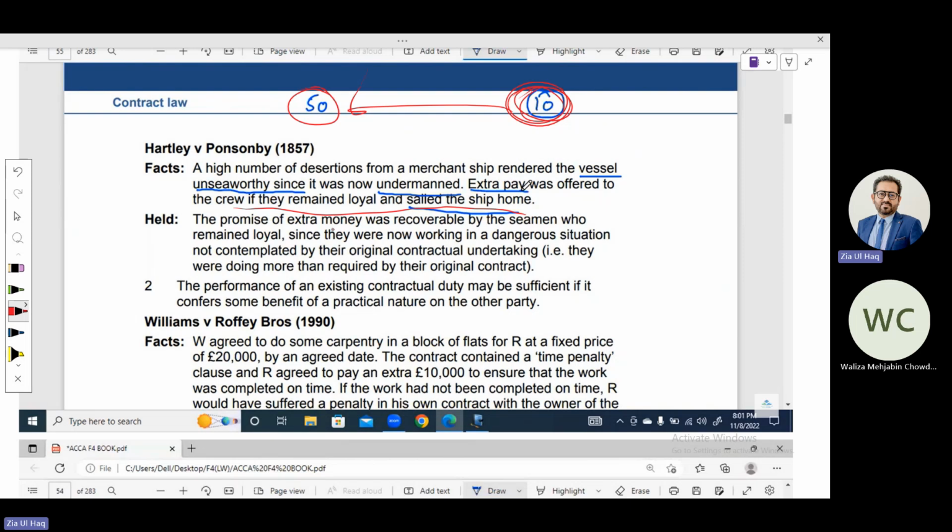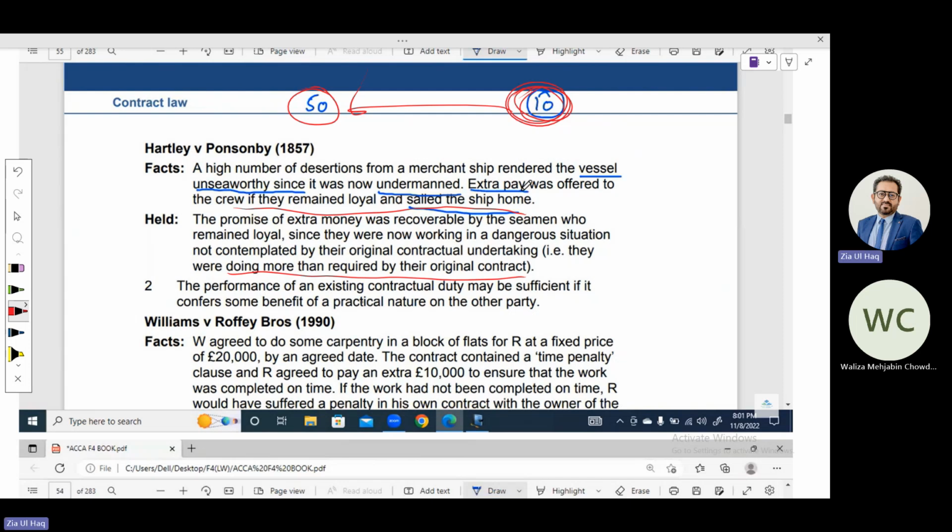So the promise of extra money was recoverable by the seamen who remained loyal since they were now working in a dangerous situation, not contemplated by the original contractual undertaking, i.e. they were doing more than required by the original contract. Normally 50 people work on the ship, but now 10 people have worked instead of 50, meaning they have done something extra. So now they can claim extra wages because that extra work beyond contractual duty is a consideration.